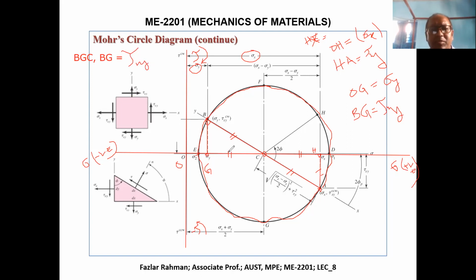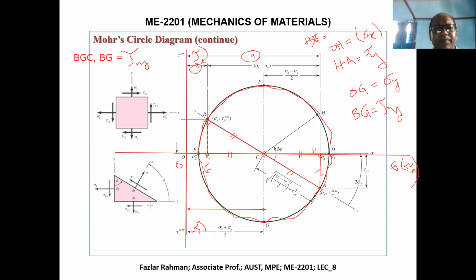So if I know CG, this distance, then I can easily figure out this one by the square formula. So how can I get the CG value? So let's see. I know the value of OC. What is OC? The center of the circle, that means the distance from here to here. We know it is sigma x plus sigma y by 2.